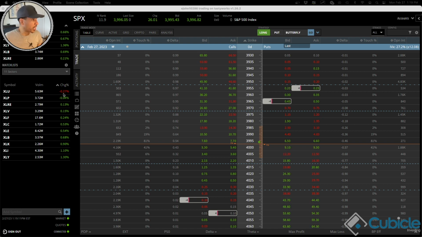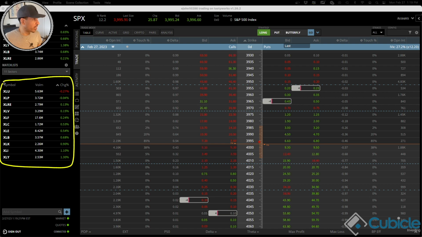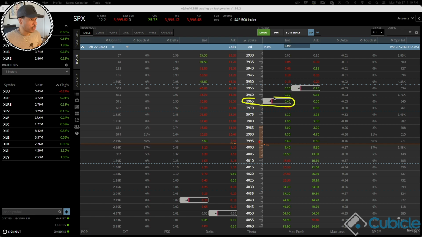Although you can see here that the utility sector is currently in the red, when I got into the market this morning on the put side, every sector that makes up the S&P 500 was in the green. That's the reason why I decided to sell this vertical put credit spread, to sell the 39.65 and buy the 39.55, creating this $10 wide spread.